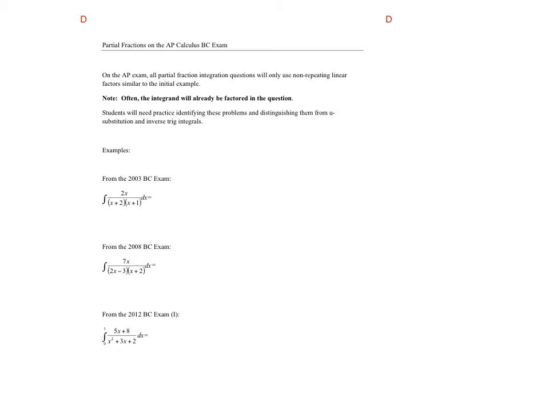it's a split up question. So if we take this first example from 2003, I'm going to have my quantity where I'm going to multiply. Well, let's just write it out. So I've got my x plus 2, my x plus 1, no dx, no integral symbol.